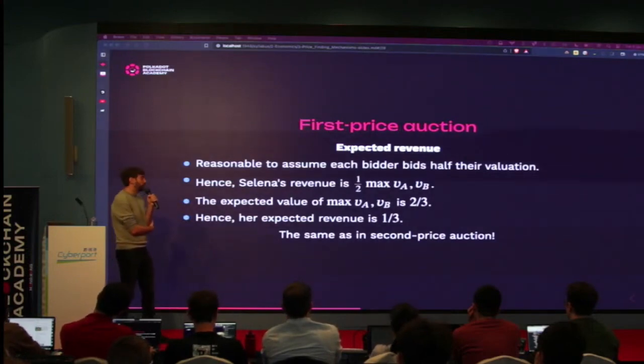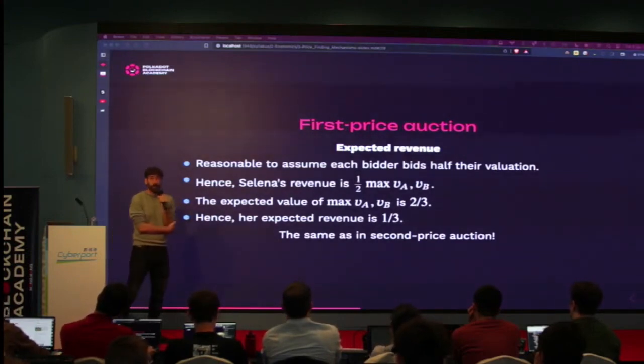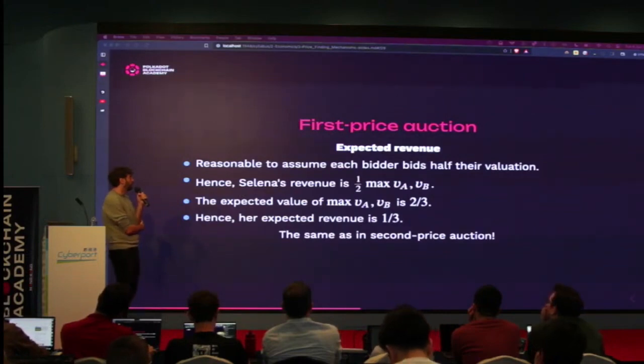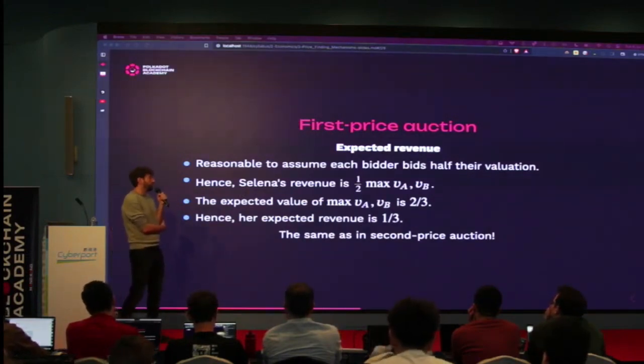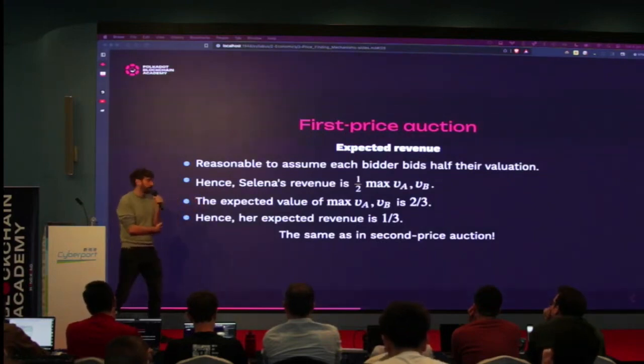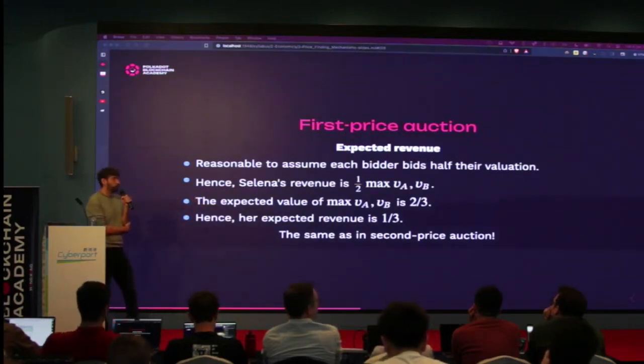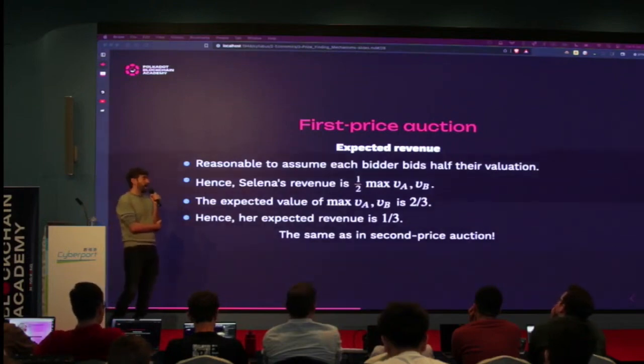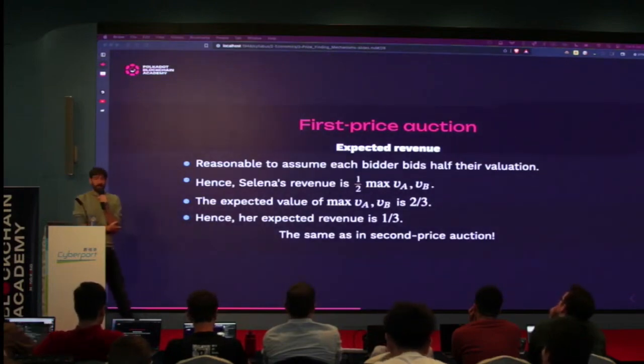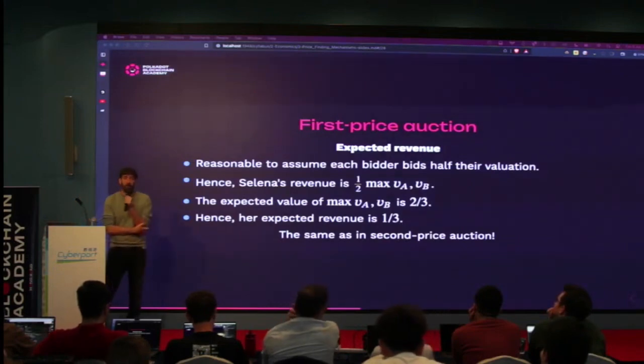The highest valuation will win, and then Selena will get this bid. So the expected value, and there we can again do some math in the background, is actually 2/3, and her expected revenue is 1/3. And it turns out that this is exactly the same as in the second price auction.